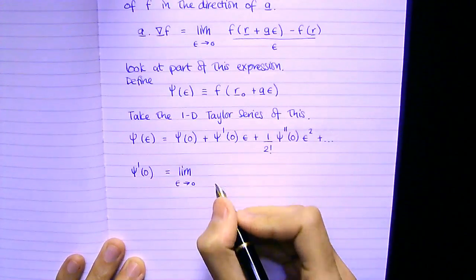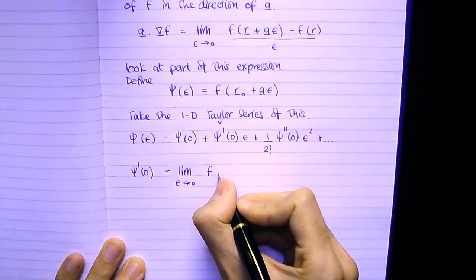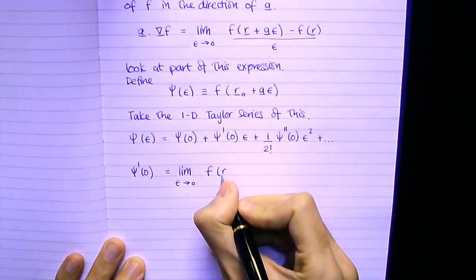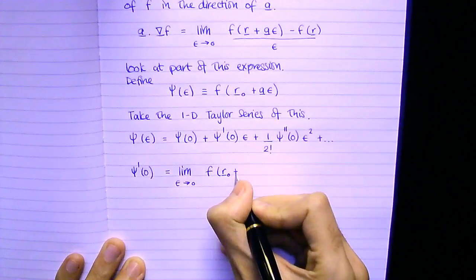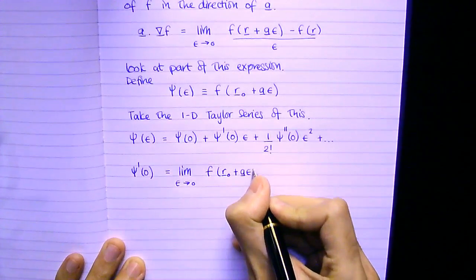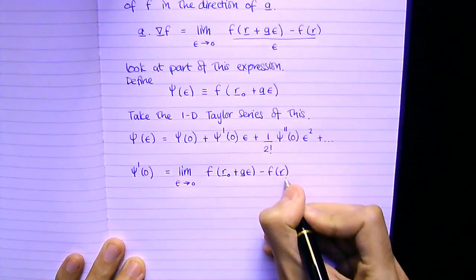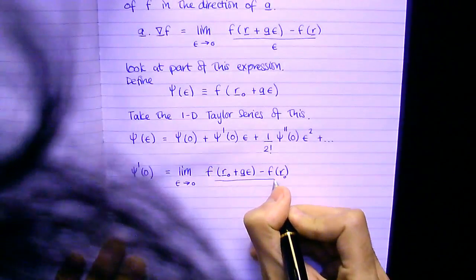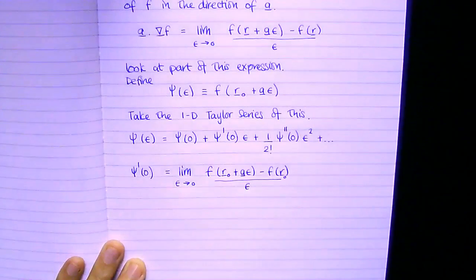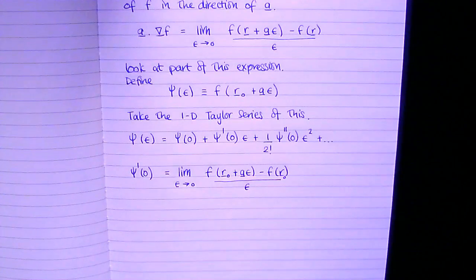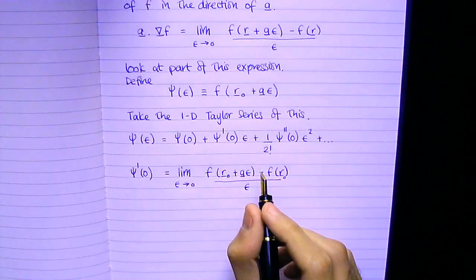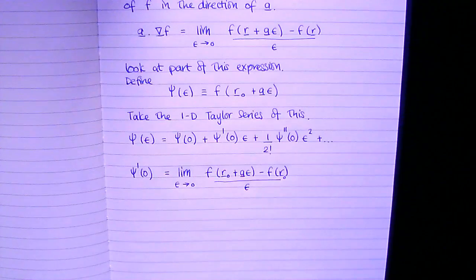So this will be f, divided by epsilon. Okay. So as epsilon tends to 0, this will be the case.